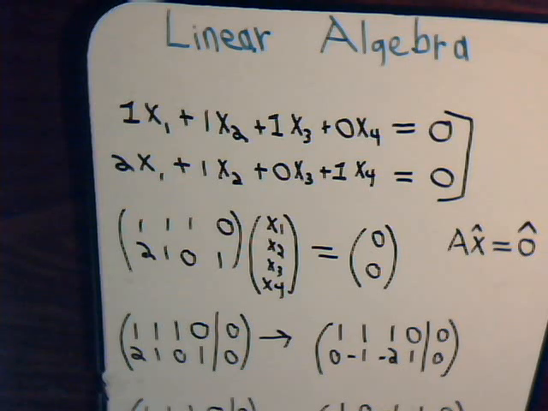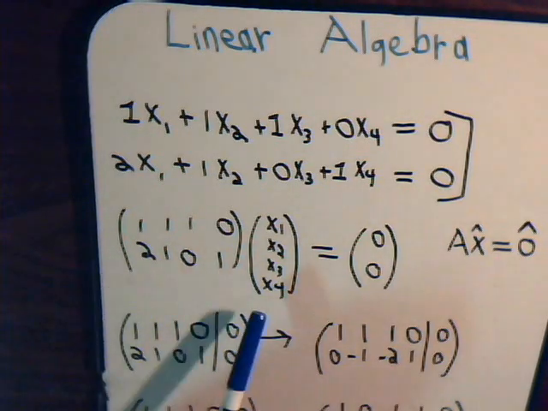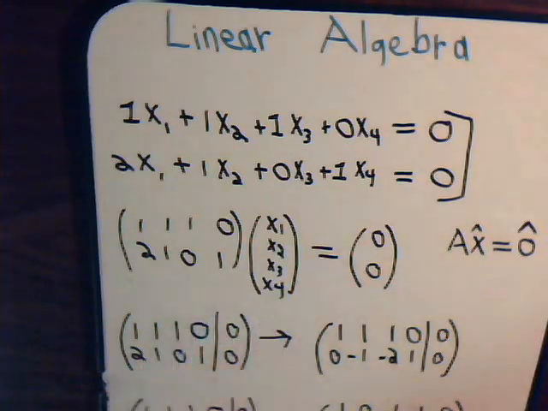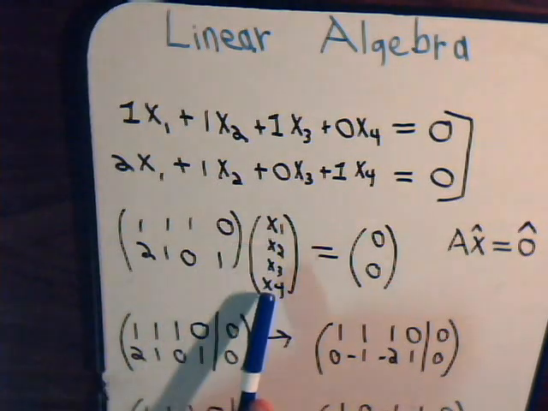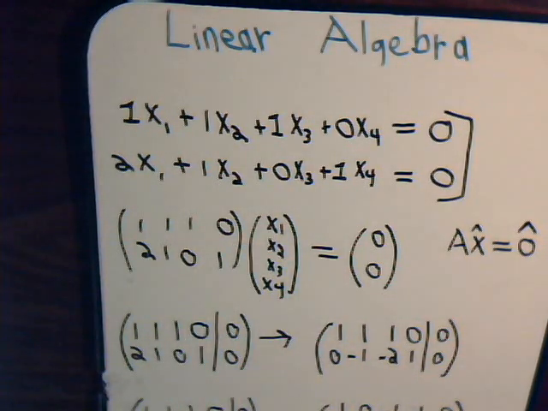Now notice that this matrix has four columns, and this vector has four rows. As I think was pointed out in video number 9, on matrix multiplication, the number of columns in one matrix has to equal the number of rows in the other matrix.